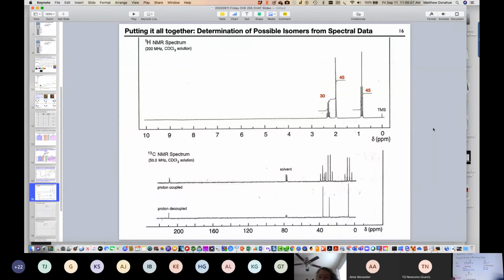And then what's the ratio of those? So we have 3, 2, 3. And again, this order I'm writing them in really doesn't matter.